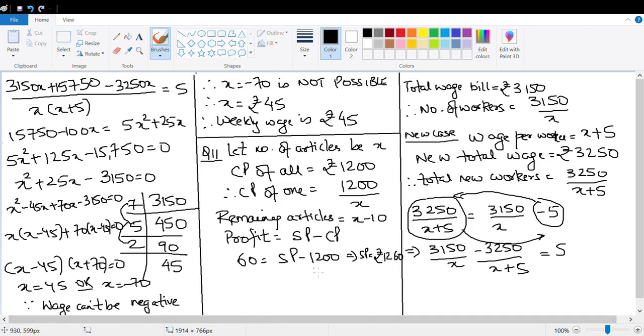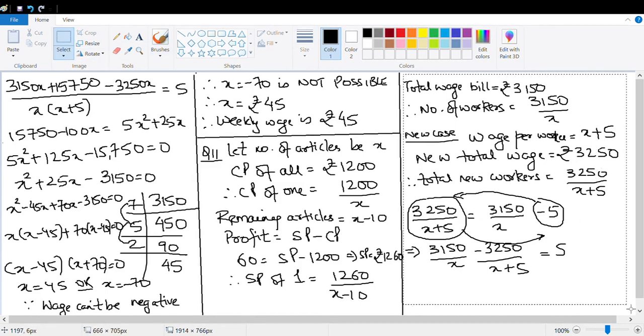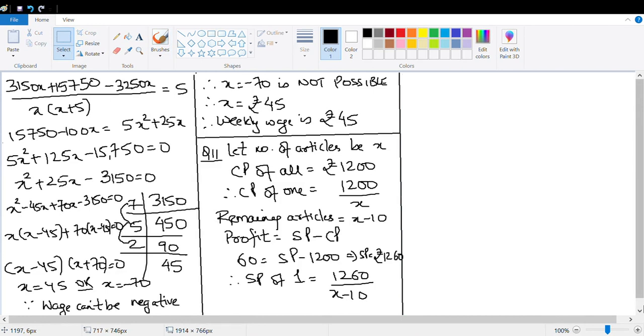Perfect. So SP of all is 1260. Therefore, SP of 1 will be equal to 1260 upon the number of articles sold. Since 10 were damaged, he was able to sell only X minus 10 articles. Perfect. Now let's see if any other relationship is given ahead in this question. As per the question, it says that he sold each article at rupees 2 more than what he purchased.